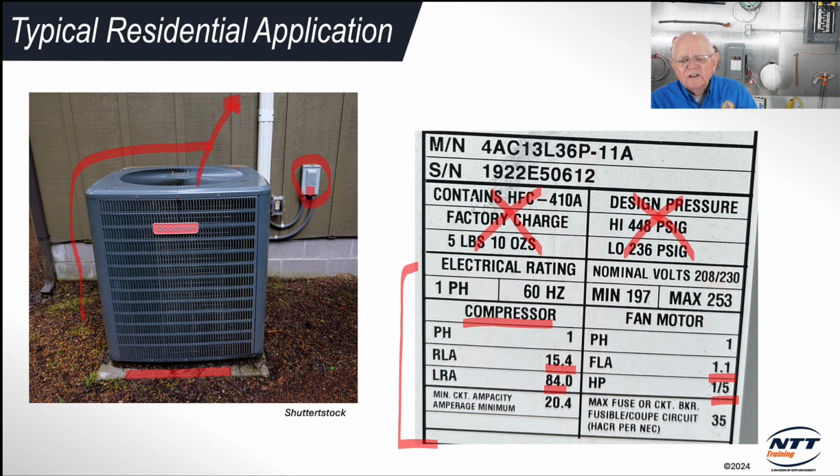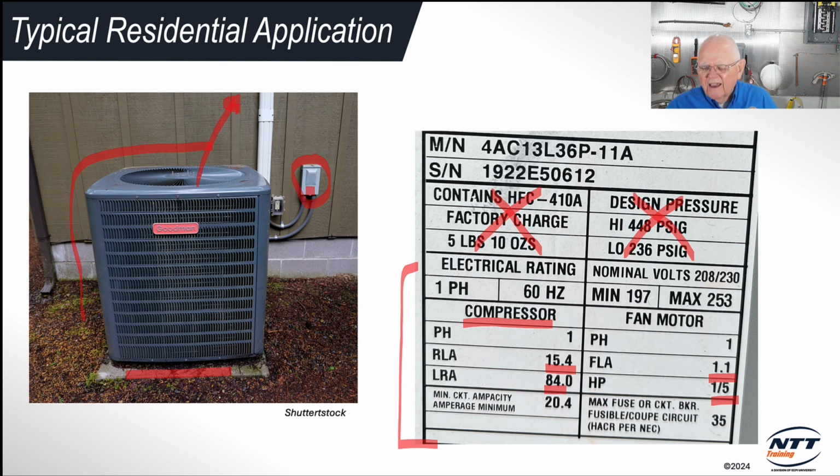So rather than go to table 310.16 and take that RLA and the FLA from the fan motor, look what it tells us on the nameplate. And it's always going to tell us this. Either it's going to use the term minimum circuit ampacity, RLA, or branch circuit short circuit protection, whatever.